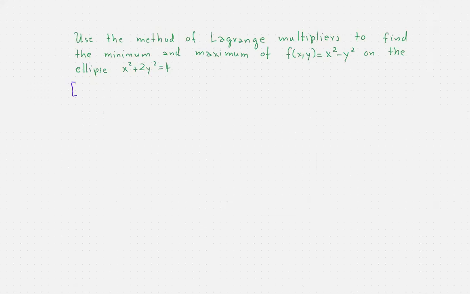summarized as follows. If we have a level curve of a function of two variables defined by g of x y equals 0, and we want to find the critical points of f of x y on this curve, then what we need to do is consider the system, the gradient of f being parallel to the gradient of g.